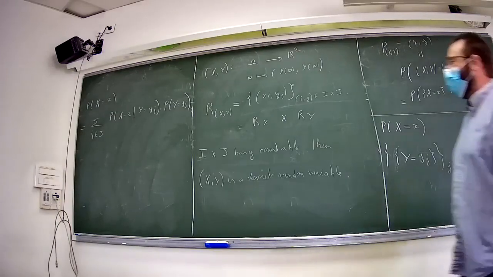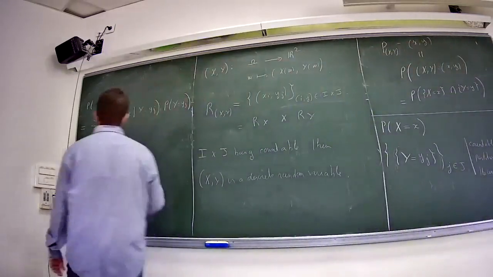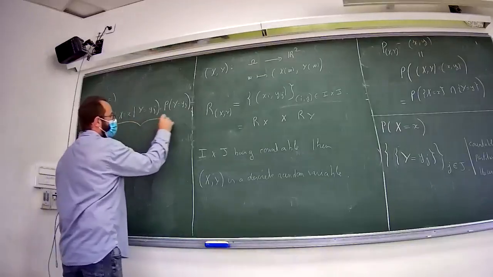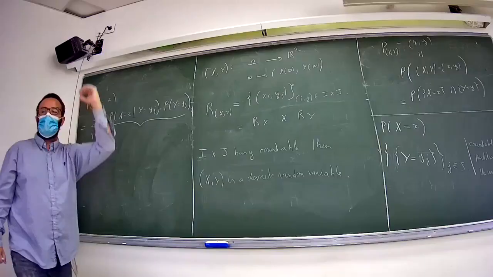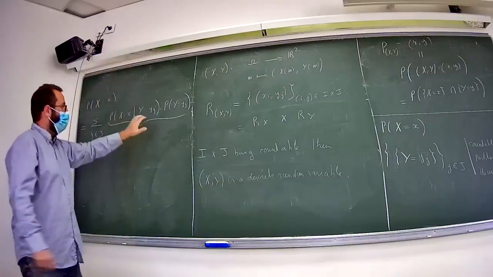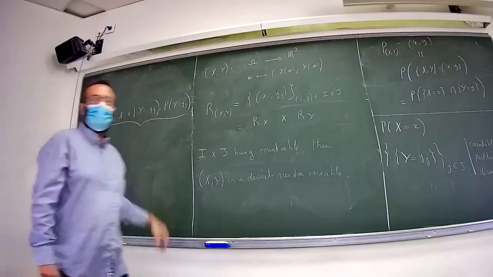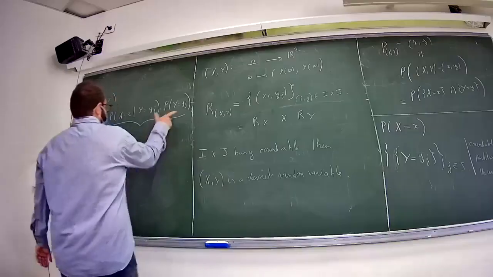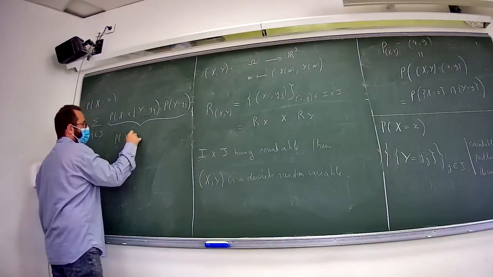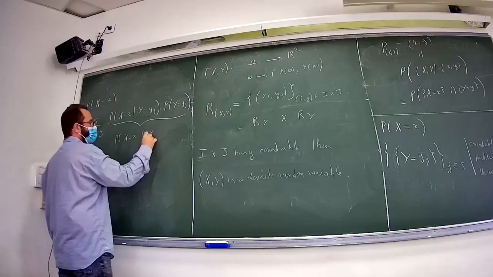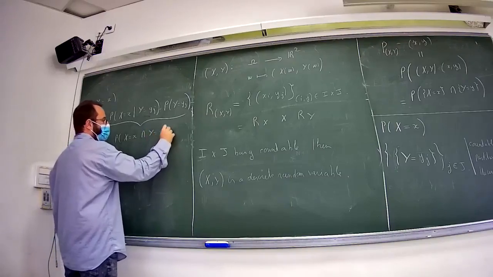And let's keep in mind that by definition, the conditional probability is the probability of the intersection over the probability of the second set. This is just equal to the probability that X is equal to small x intersected with Y is equal to yj.